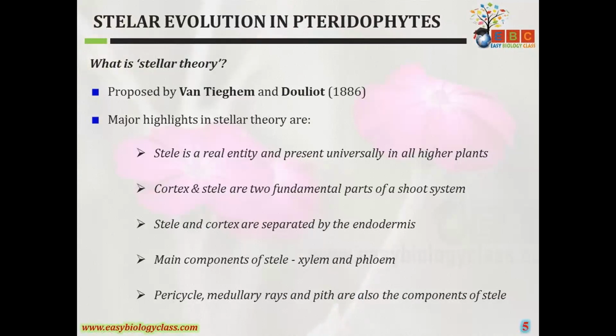The stelar theory was proposed by Van Tieghem and Douliot in 1886. The major highlights of the stelar theory are that the stele is a real entity and is present universally in all higher plants. The cortex and stele are the two fundamental parts of the shoot system, and they are separated by the endodermis.